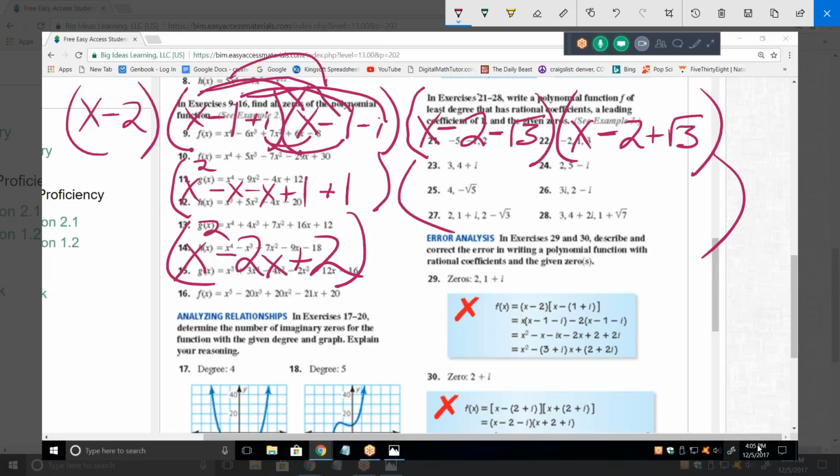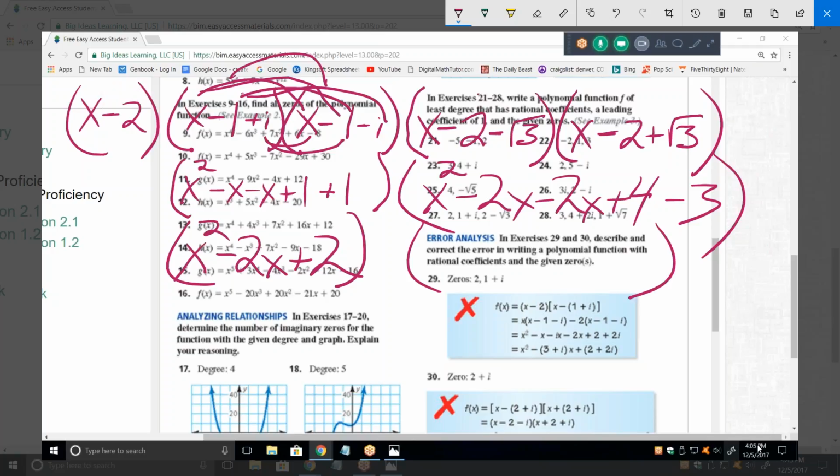So x squared minus 2x minus 2x plus 4. And then minus 3. Perfect. See how much faster it is if you can ignore all those other terms.